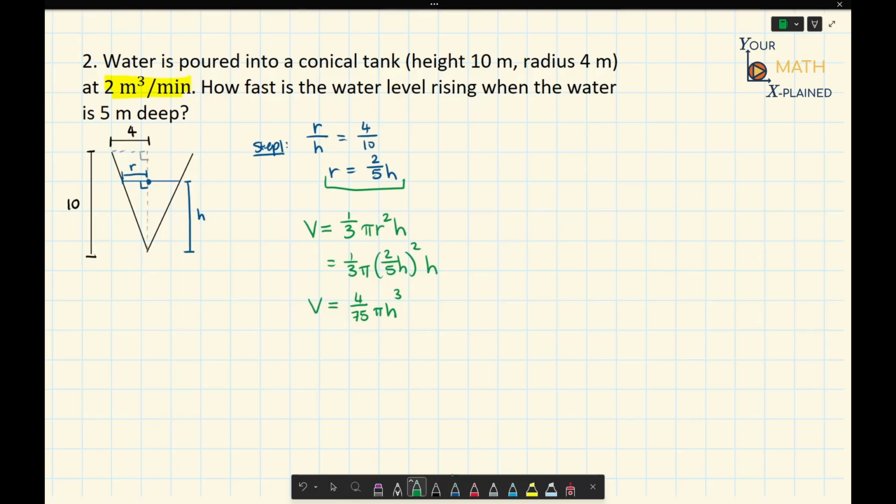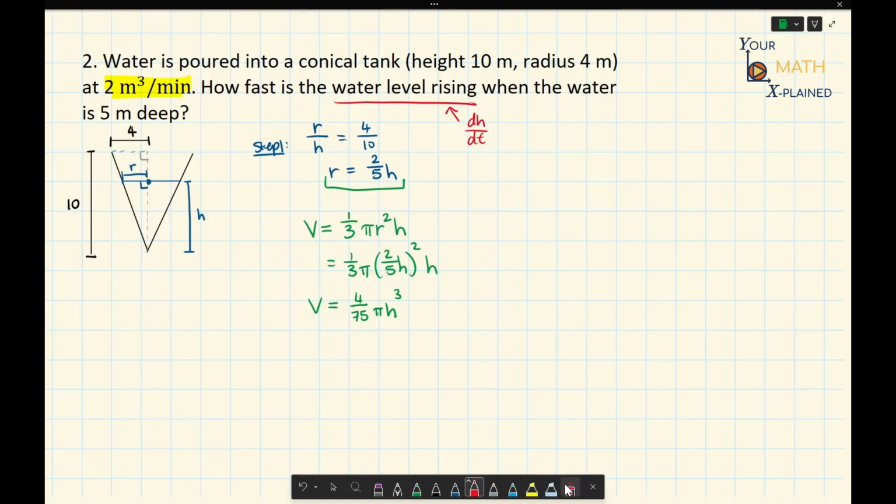Now, some of you might have noticed that we did a substitution for r instead of h, but we could have also done it the other way around. But the reason we did it this way is because we need to look at what the question is asking. The question is asking how fast is the water level rising when the water is 5 meters deep, which means the final answer that we're looking for here is dh/dt, because we're looking for the change in height of our water.